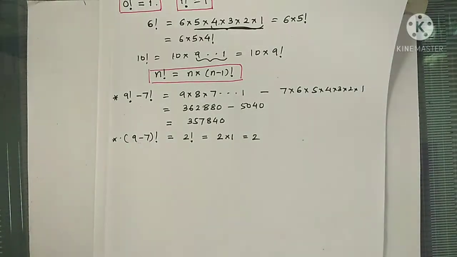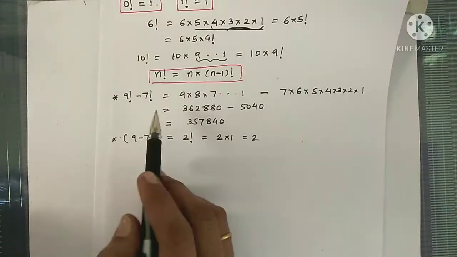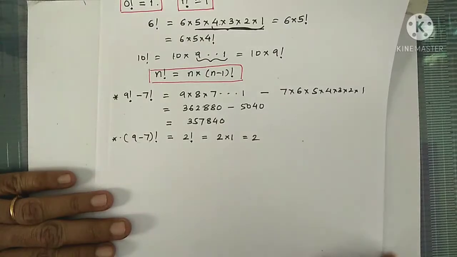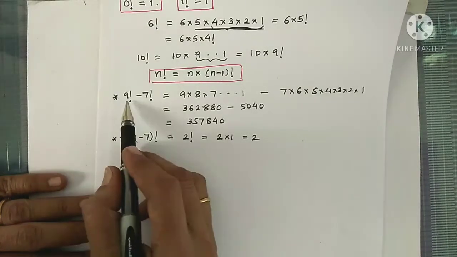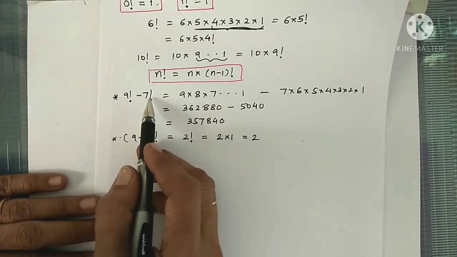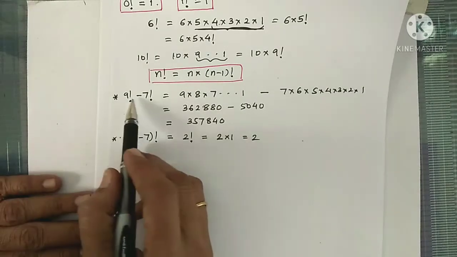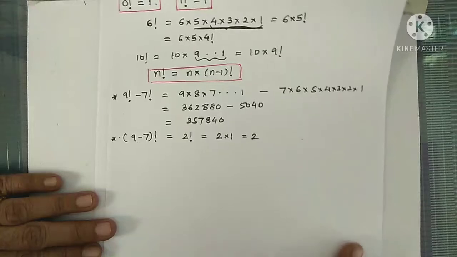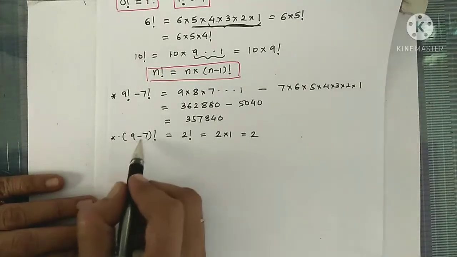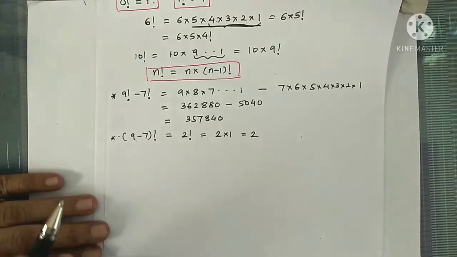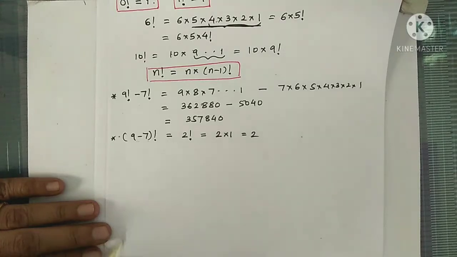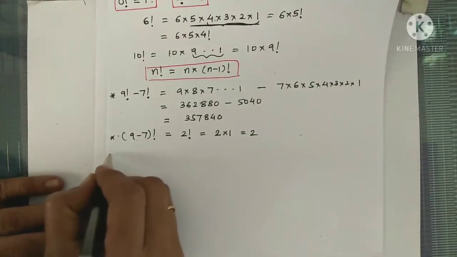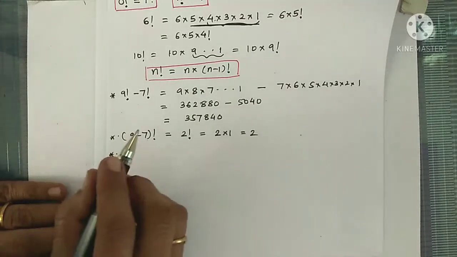So (9 minus 7) factorial is 2. See the difference. We have to remember the meaning. Here, 9 factorial minus 7 factorial means we have to find the values of the factorials first and then find the difference. And here, as the bracket is there, first of all we have to find the difference and then the factorial of the difference.